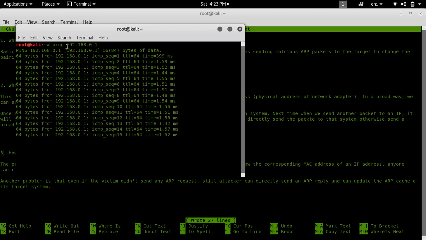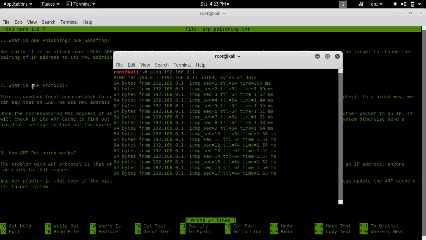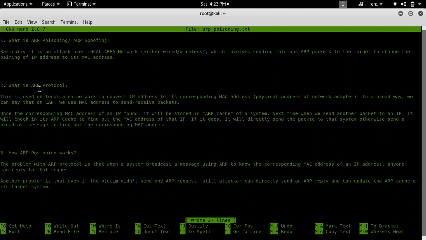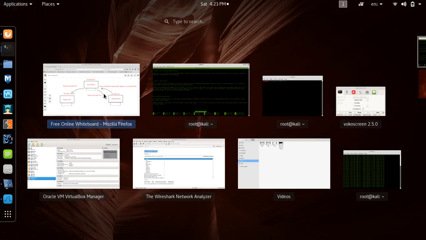So to know that, we use the ARP protocol. Using the ARP protocol, we send an ARP request to all the other systems in our local area network, saying who has this IP address.